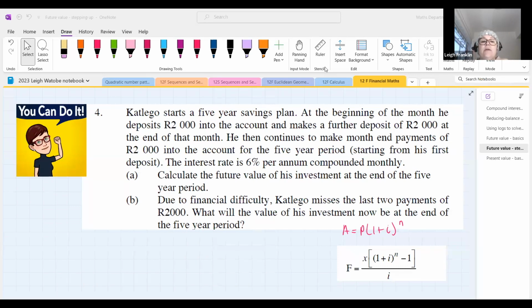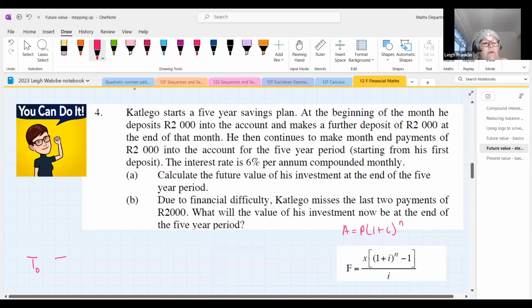Did you guys draw a timeline? Because I really do believe that drawing a timeline makes a big difference. So if we draw our timeline, we've got T0, T1, T2.